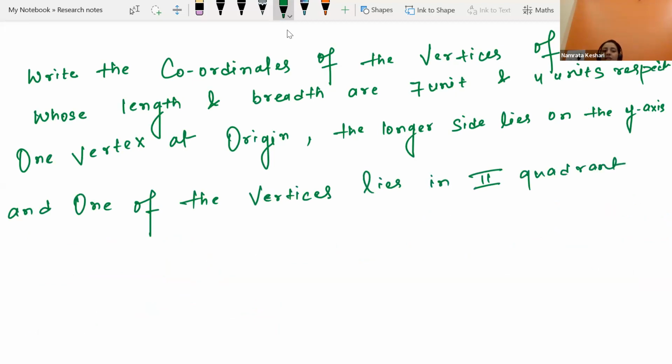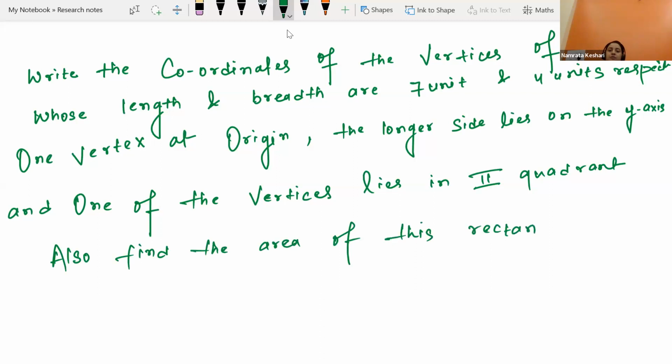Also find the area of this rectangle. Please do it.